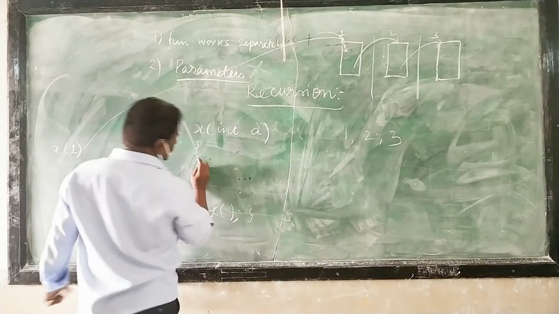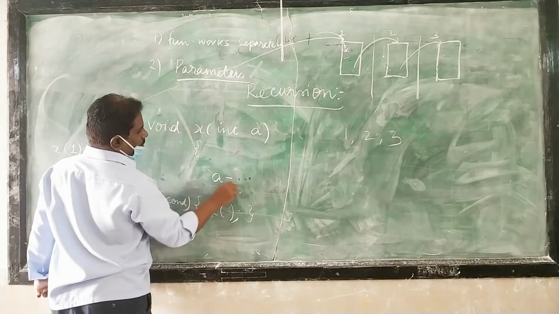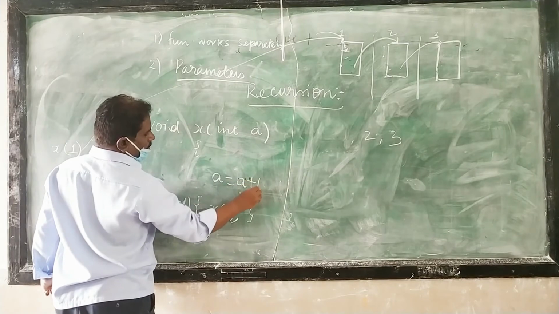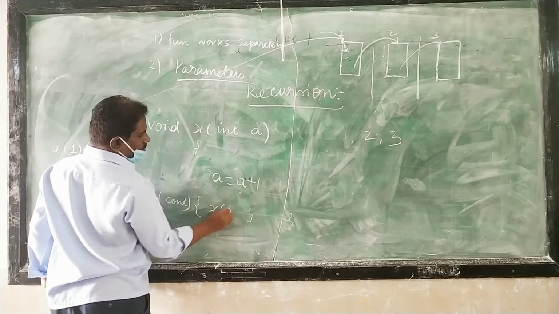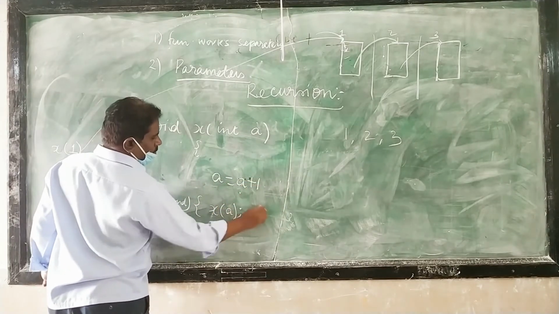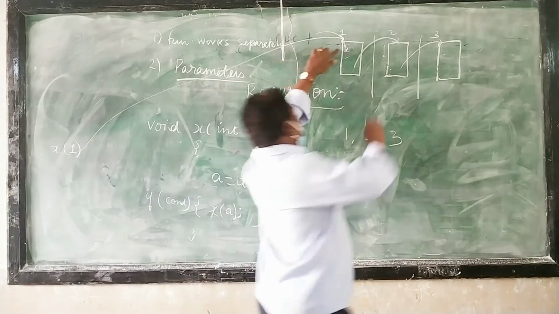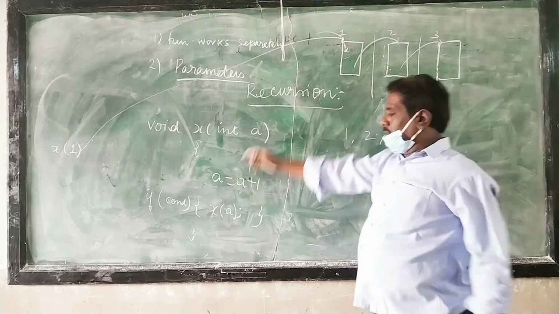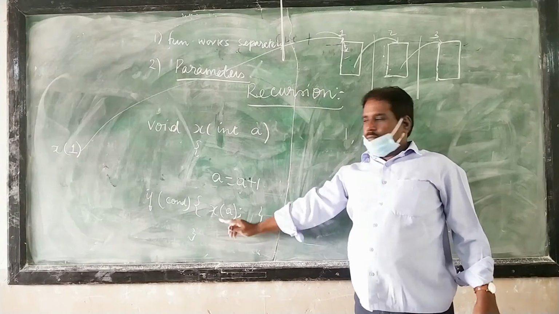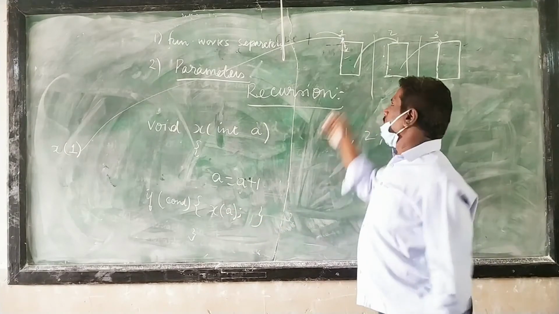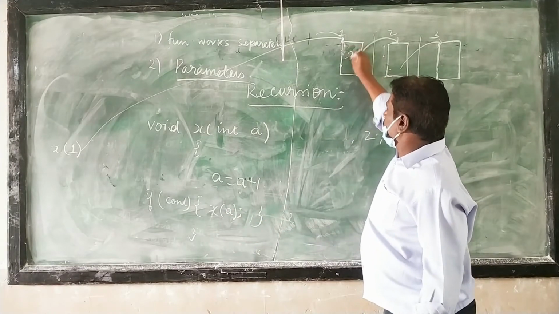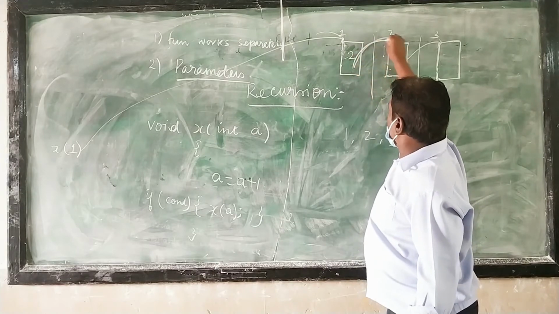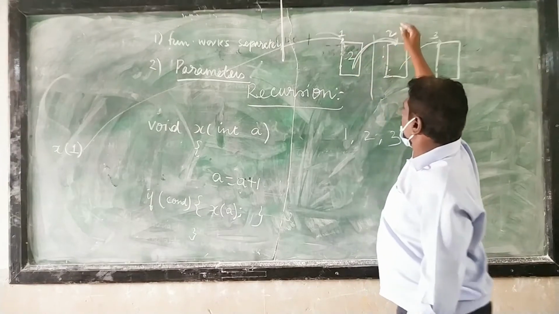What should be done? a equal to a plus 1. And here you can write x of a. Now what will happen? 1 comes here, and before reaching here, it gets incremented by 1. So 1 plus 1 will become 2. That 2 will be passed here. So we are getting 2 here.